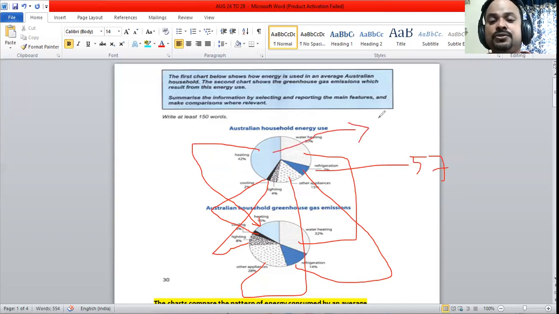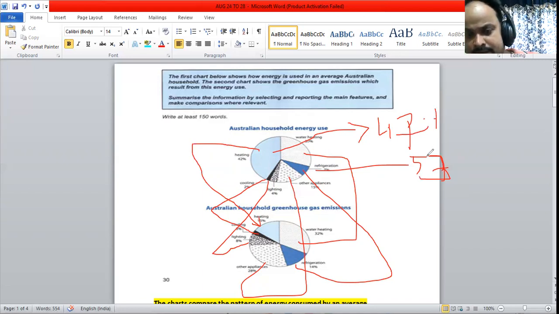This shrinks to just 47%. So that's the thing here.